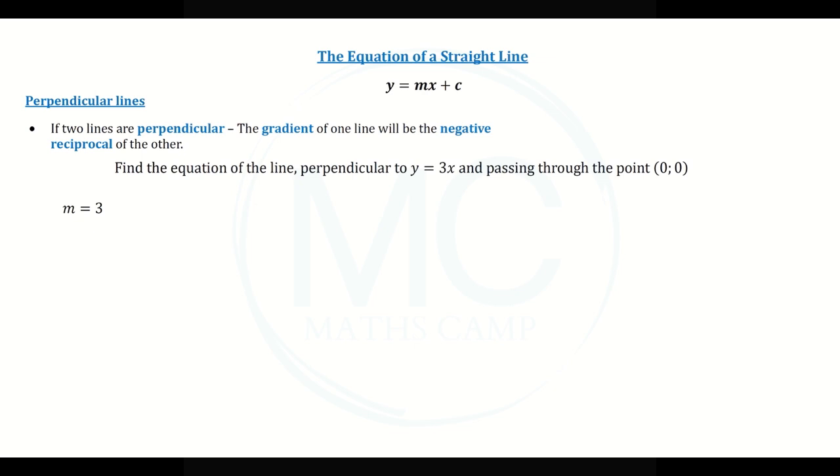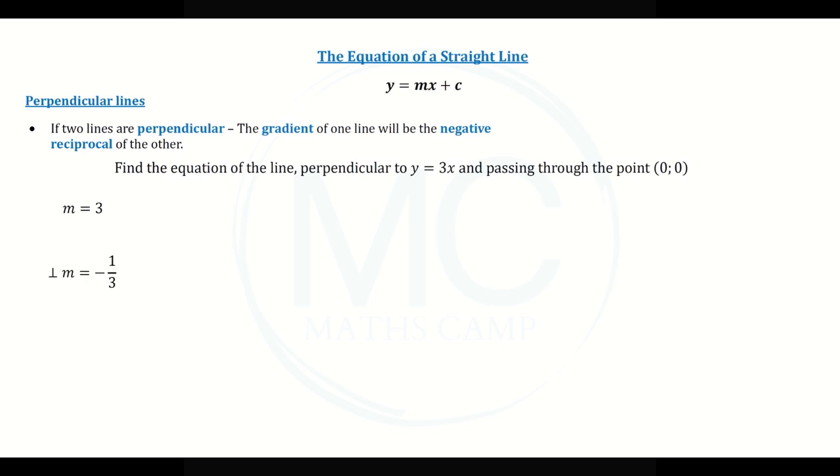So we take m, which is 3, turn it into a fraction, flip it, and we get 1 over 3. 3 over 1 is positive, so we change the sign, and we get negative 1 over 3. Let's tidy this up, and we can make a note that the perpendicular gradient is equal to negative 1 over 3.